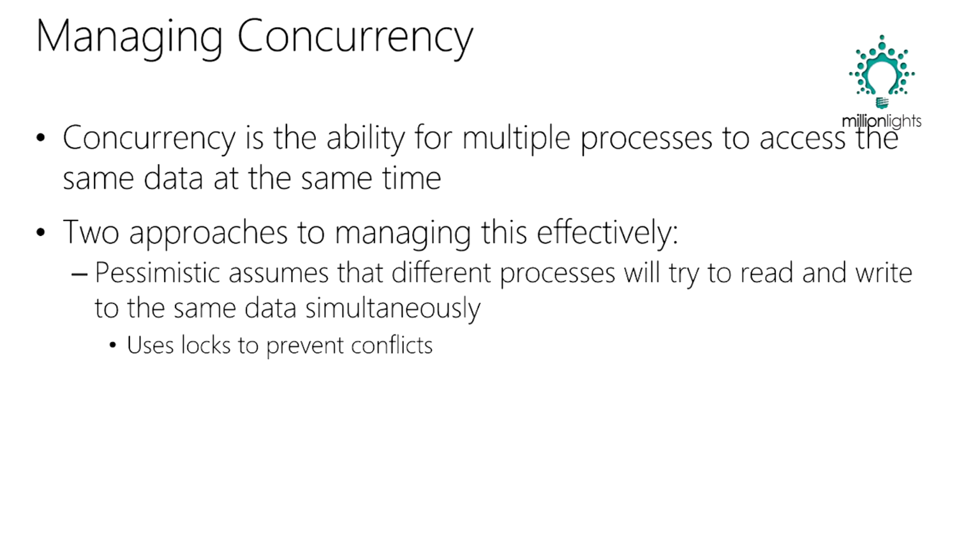That assumes that lots of different processes are going to try and read and write the same data simultaneously, and uses locks to prevent conflicts. And this is the default and the traditional concurrency model for SQL Server, to use locking based on pessimistic concurrency to remove access to avoid these kinds of conflicts. So I'm pessimistic.